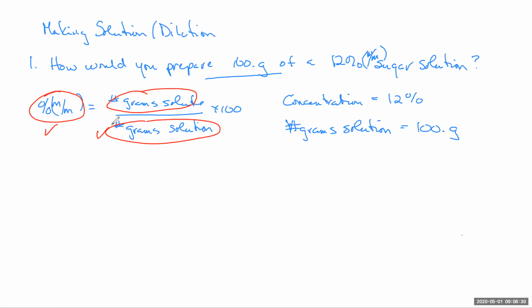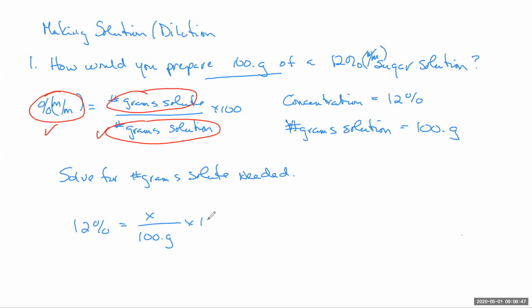And so what we need to solve for is the number of grams of solute needed. So we're going to have 12% is equal to X over 100 grams times 100. It's pretty easy math. Hundreds cancel and you get X equals 12. Now, you have to put the units on each side to stay straight.